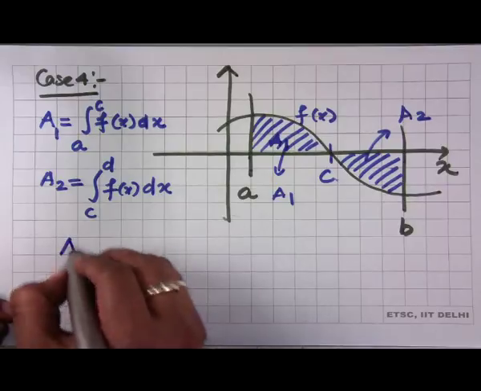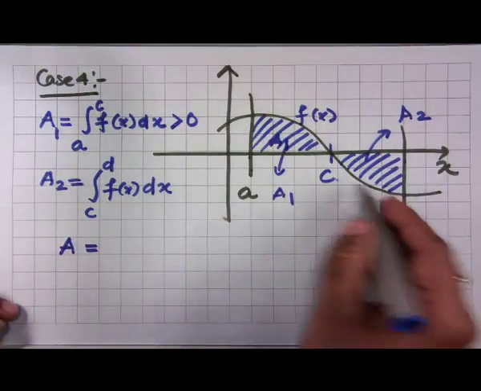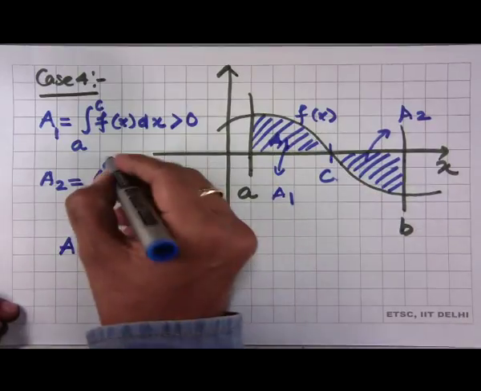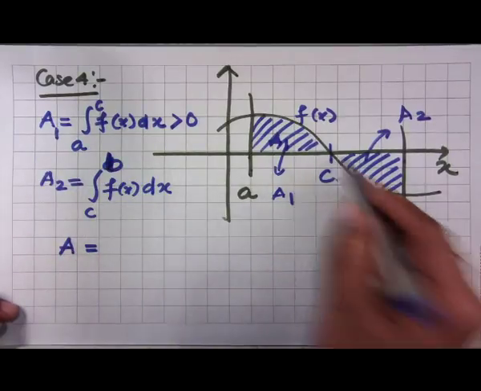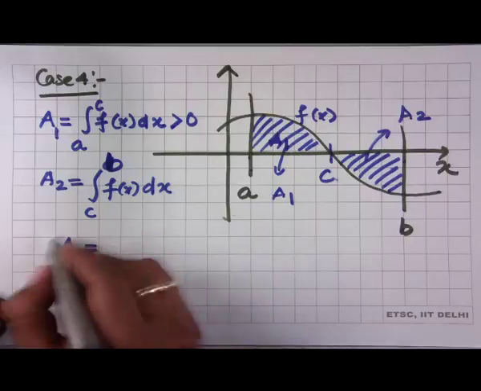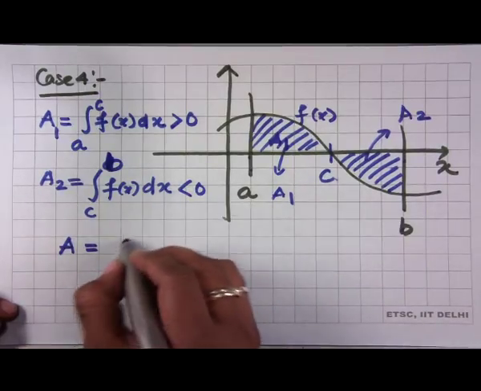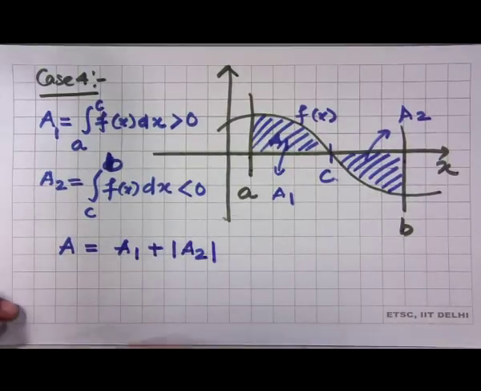So total area required will be: A1 will be positive, and since the function is throughout negative from c to b, A2 will be negative, so total area A will be A1 plus mod of A2.